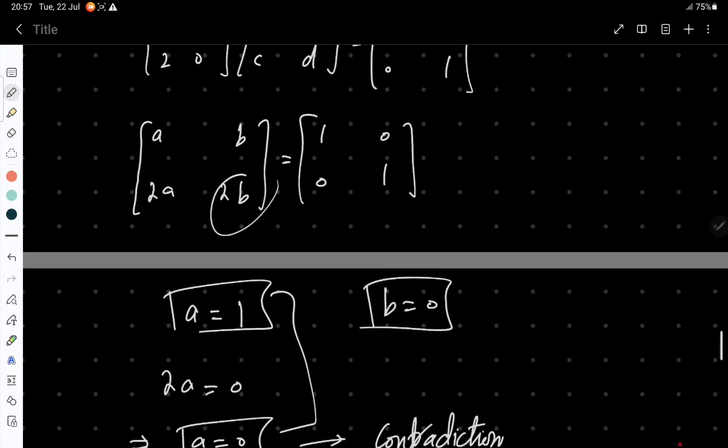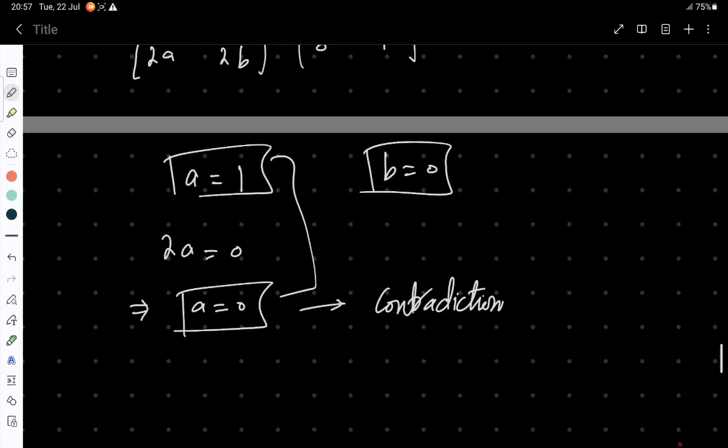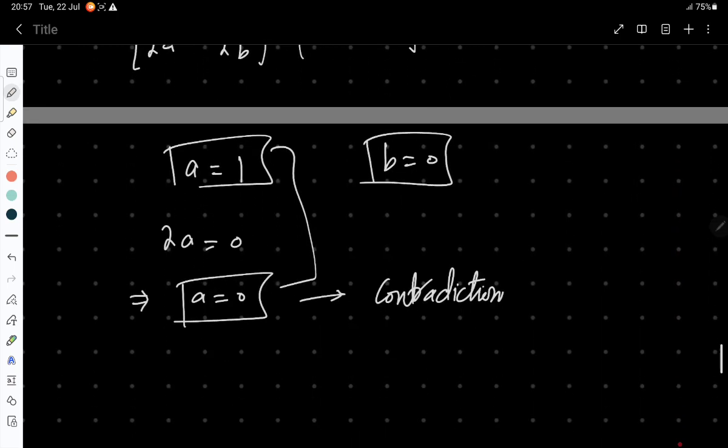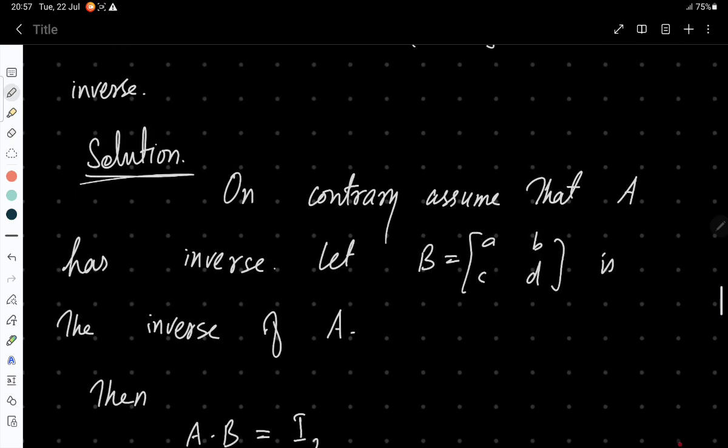Similarly, you can compare the other terms also, but I'm not going to because I have already got the contradiction. Once I get the contradiction, everything is done. This contradiction means my assumption was wrong. What was my contrary assumption? My contrary assumption was that A has an inverse.